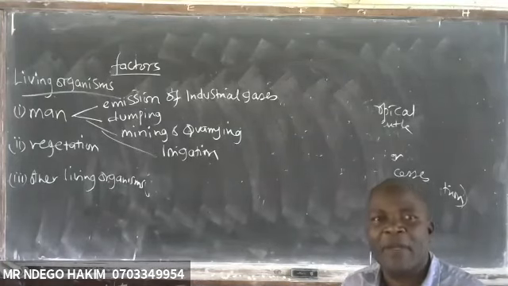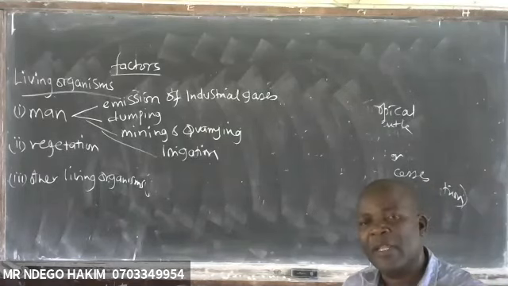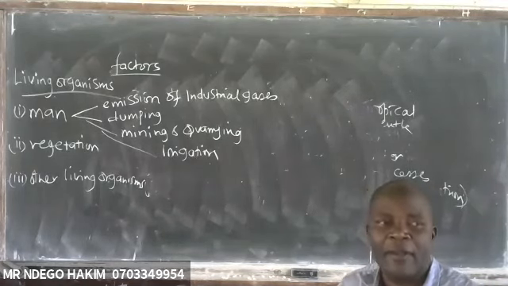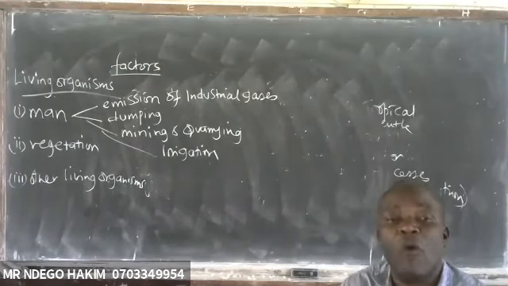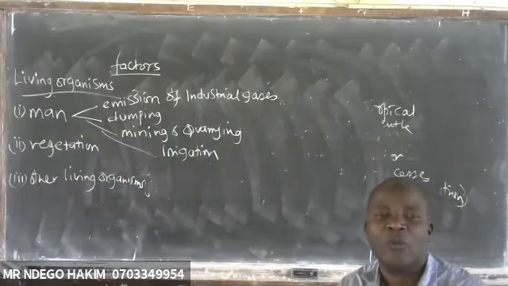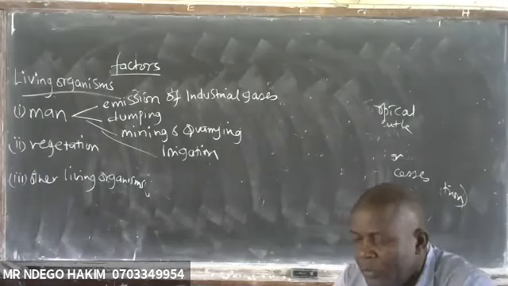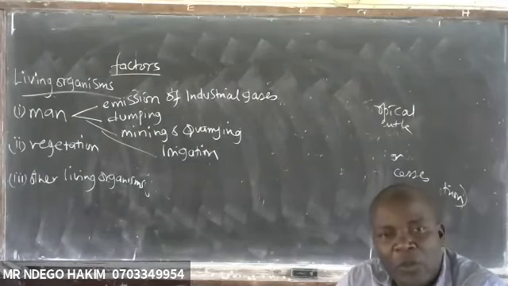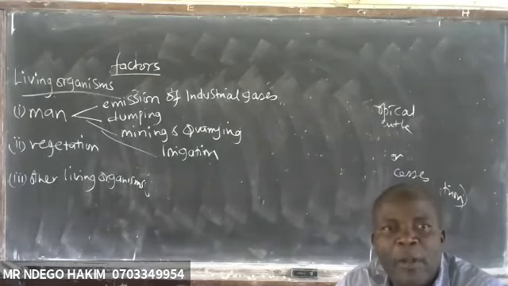At the same time, he uses explosives in mining and breaks the rock physically. And when the rock is broken down physically, it means cracks have been formed where water can penetrate, get into contact with minerals in the rock, and dissolve these minerals, leading to chemical processes like hydration and solution.